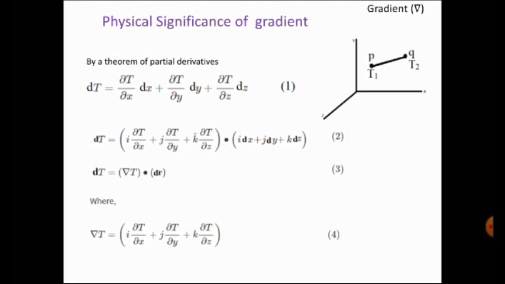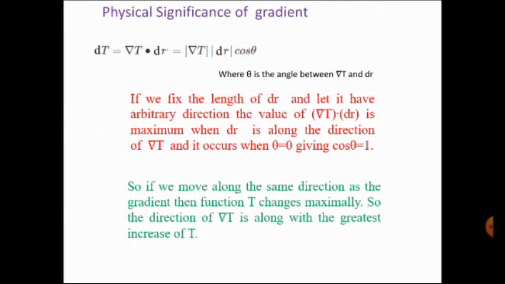So, equation 2 tells us that the difference in temperature between two neighboring points is the dot product of the gradient of T and the vector displacement between points. Since the gradient of any scalar field is a vector, it, like other vectors, has magnitude as well as direction.